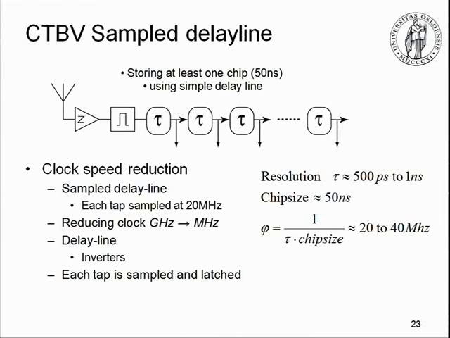We know there are some reflections, and we know the pulse is coming, and we have a chip rate at which the pulses may occur. So if I make this delay line at least one chip rate, I'm sort of okay. I'm covering where I'm expecting my pulse to appear, and that chip rate is on the order of megahertz. It's not in gigahertz. It's like 20 to 50 megahertz, which is a reasonable clock.